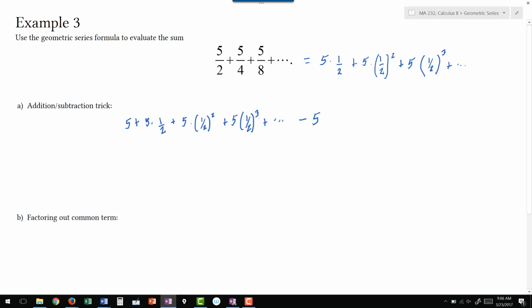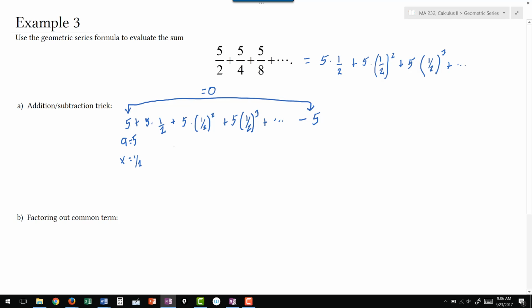And then I just have to remember to subtract that 5 at the end of the series. So all told, the 5 plus the minus 5 hasn't changed the value of the series because they cancel and just give 0. What it has done is perhaps make recognizing that a is 5 and x equals a half a little bit easier.